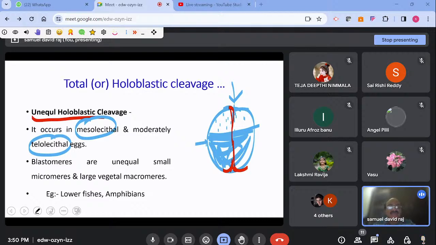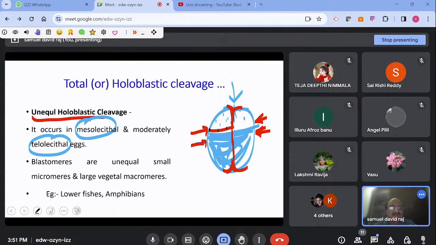But the second division cannot start here, because though it can pass through slowly, passing through the yolk at this portion in the equatorial plane is very difficult. So it is now shifted to a horizontal plane where the cleavage takes place.